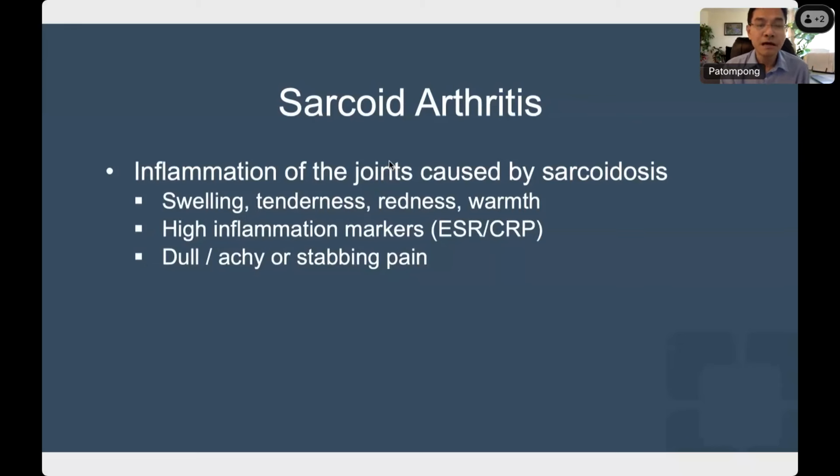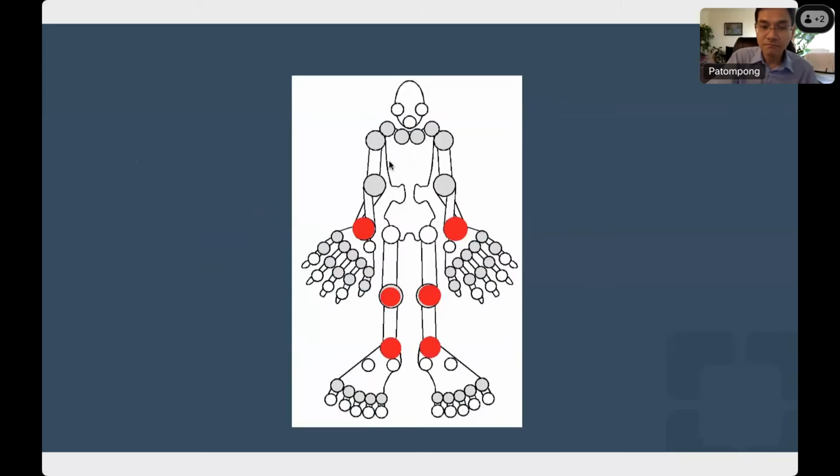Usually, patients describe their pain as dull and achy in nature, or sometimes when the pain is bad, it could be stabbing pain as well. Sarcoid arthritis tends to affect the larger joints, including the ankles, knees, and wrists.